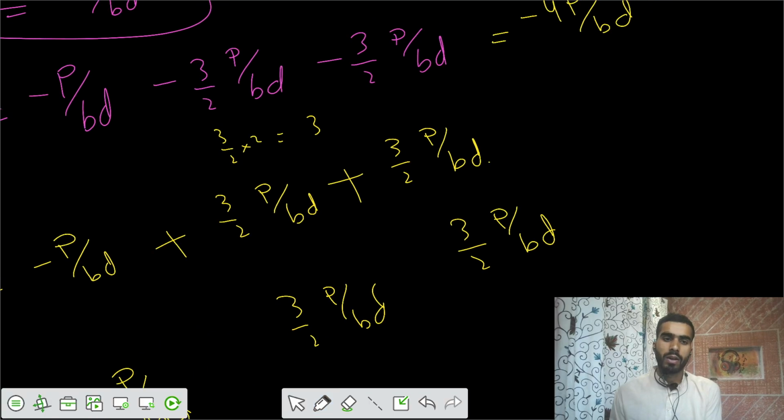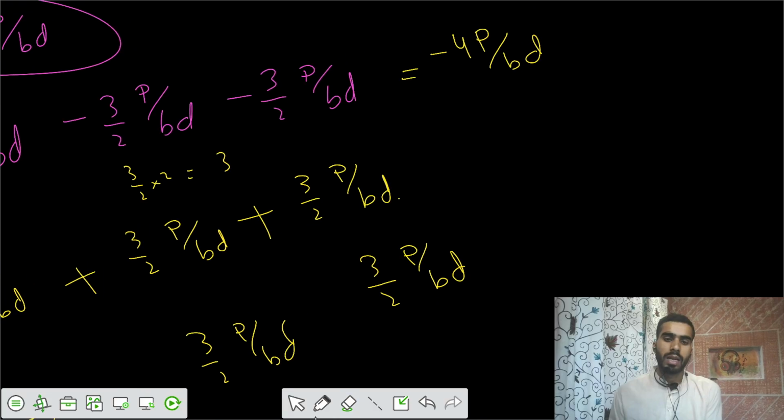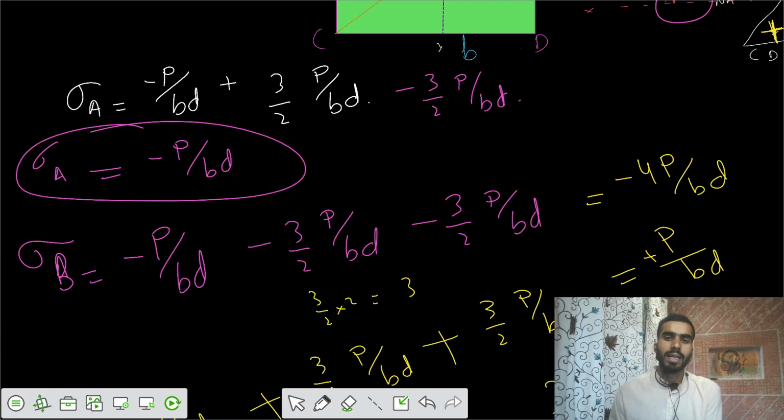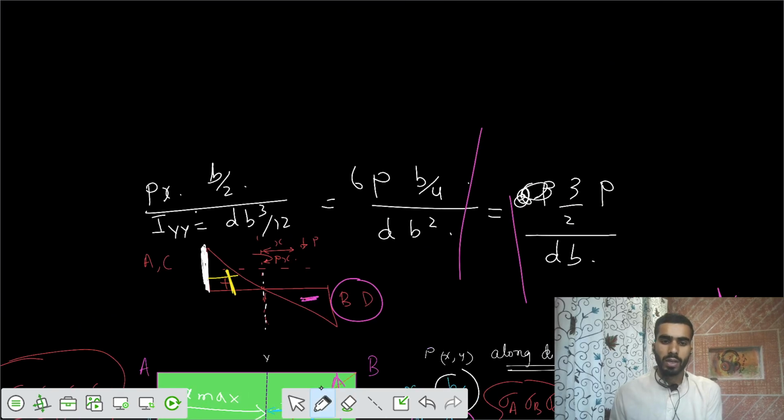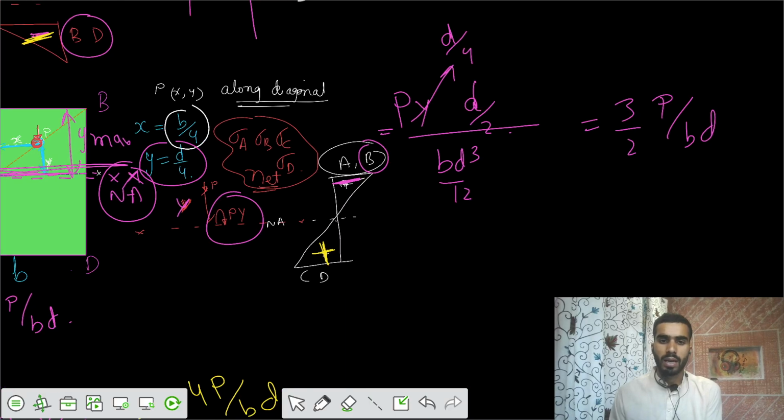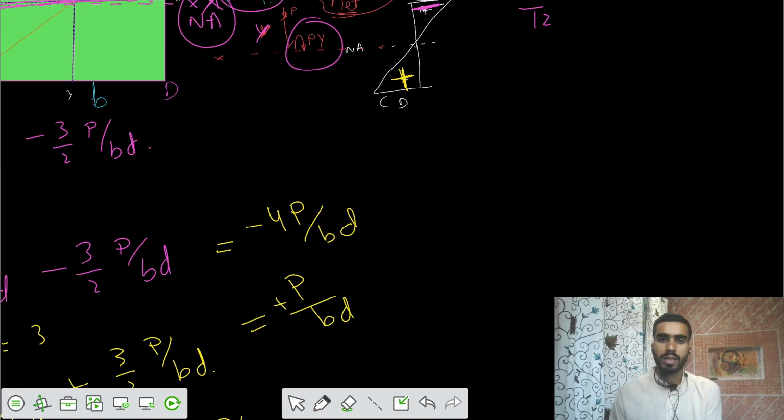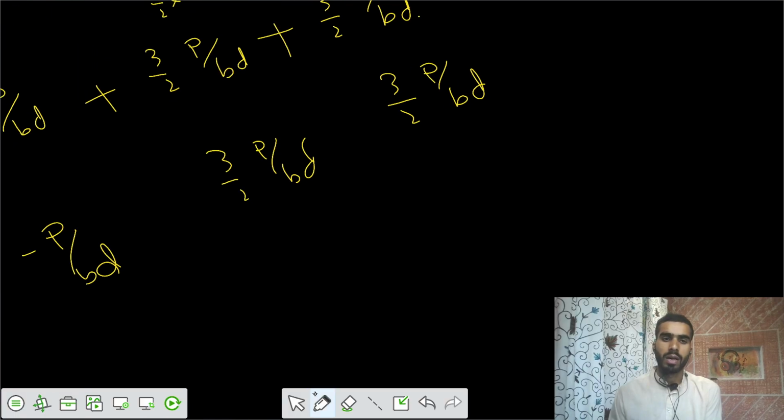Finally we got net value of positive P by bd. And for point d, you have compressive minus, and in this part you have positive tensile. So minus plus, this gets cancelled, so you are left with minus P by bd.